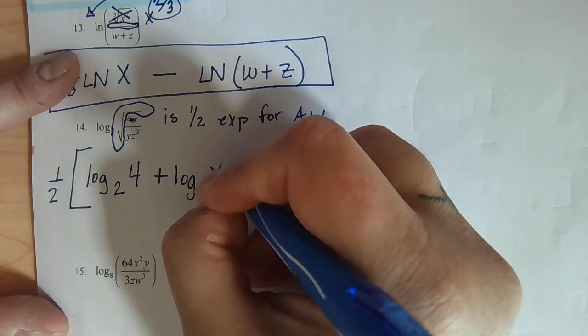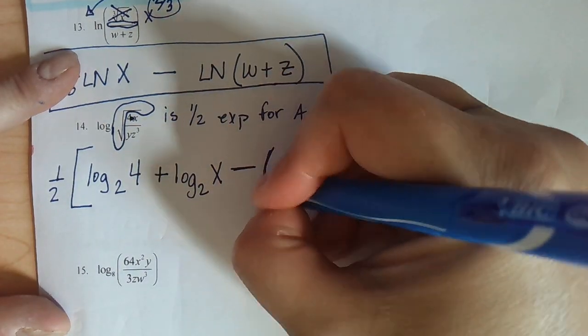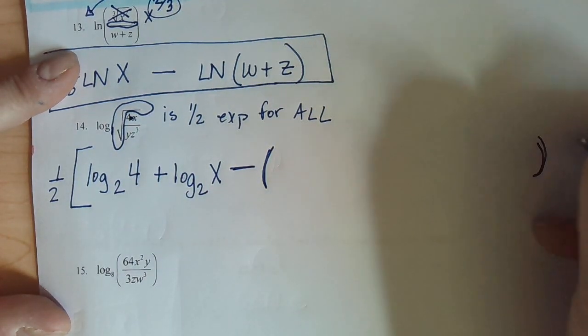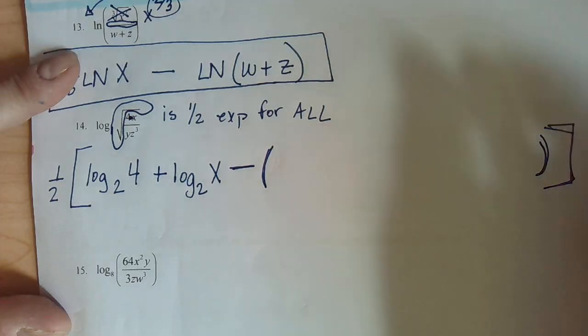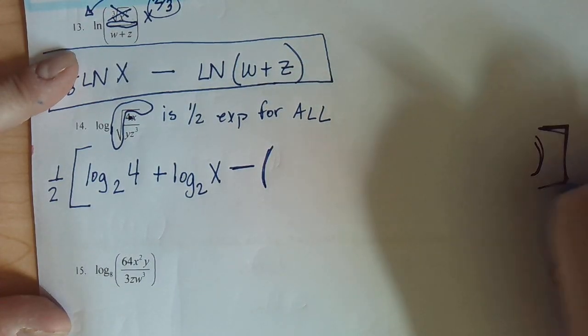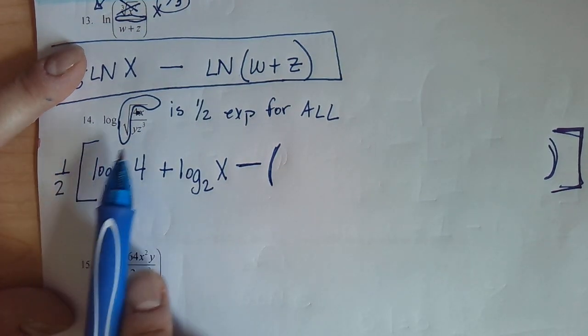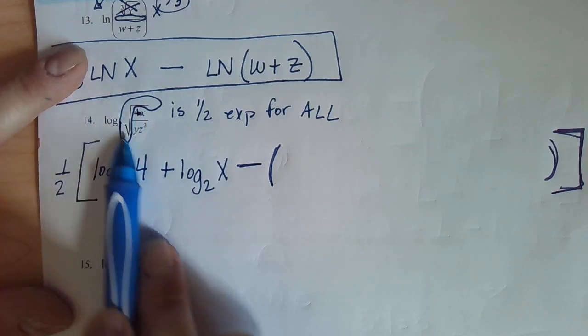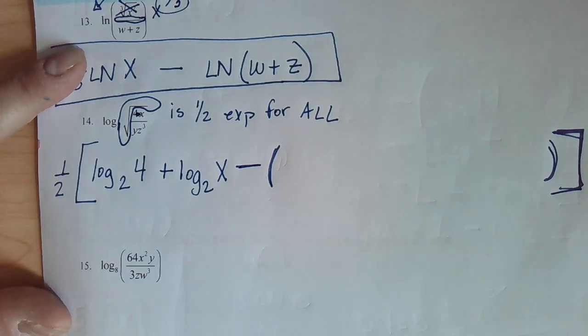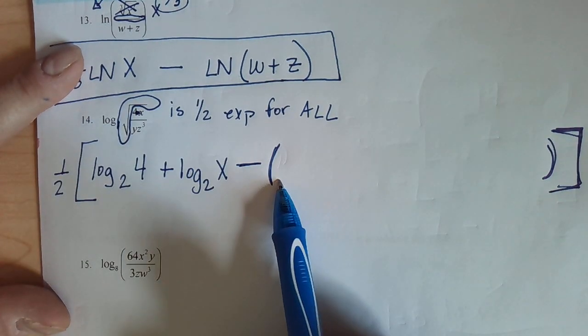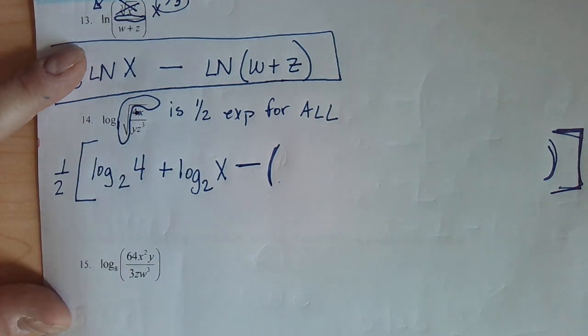Then we're going to have minus, and now we need to start doing the stuff for the bottom. So first we have a bracket to show that 1/2 is over this whole 4x, y, z, blah, blah, blah. Then we have a parentheses to show when the denominator starts.